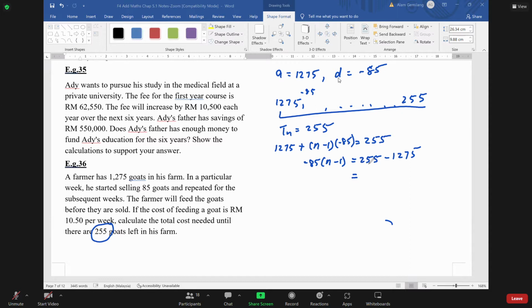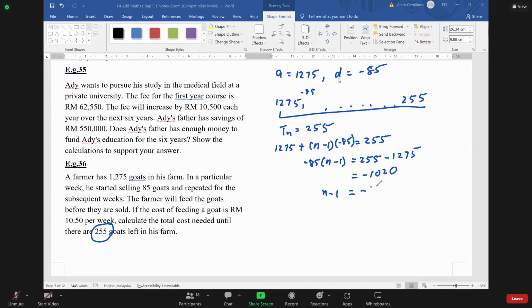255 minus 1275 is negative 1020. Then after that, you bring the negative 85 over.